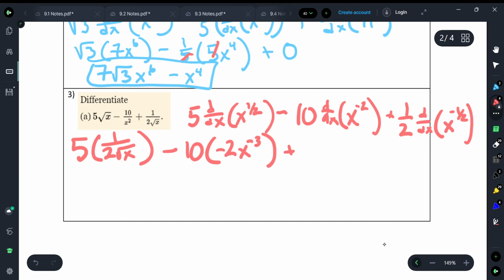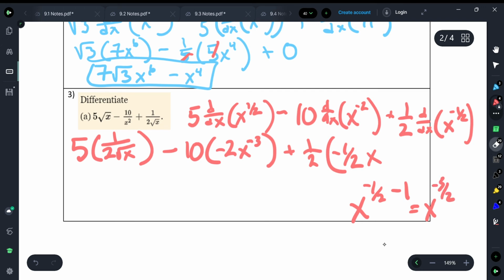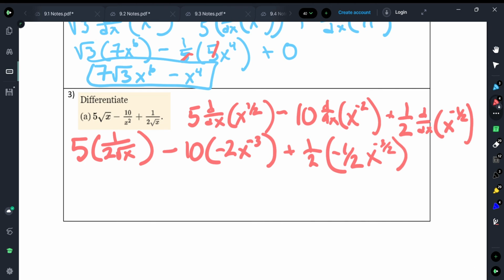This one is the one you kind of got to be careful with. Okay, so we're going to bring that -1/2 down, and this is just going to be x, right? So remember, this is x, -1/2 minus 1, which is x to the -3/2 power. Okay, so we're just going to put that there. All right, so this is -3/2, right there. All right, so let's start simplifying things here.